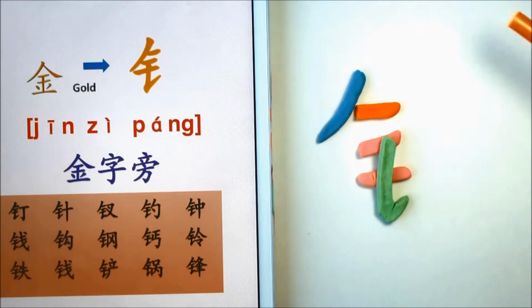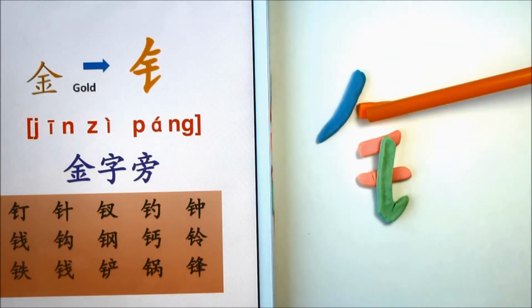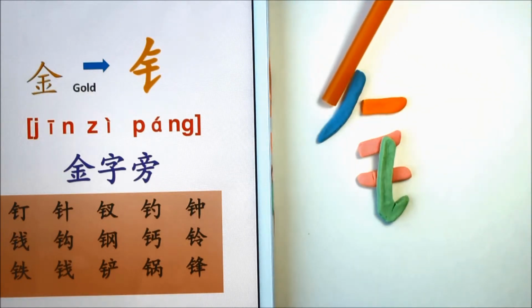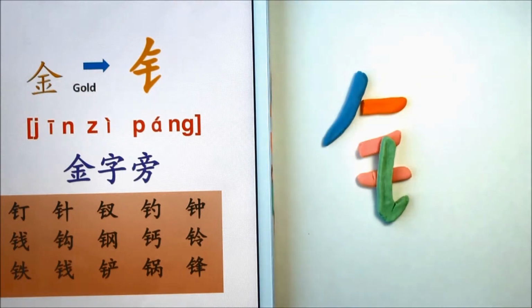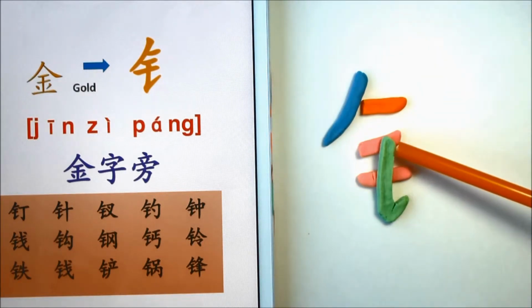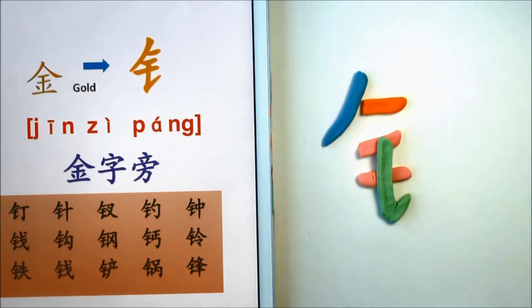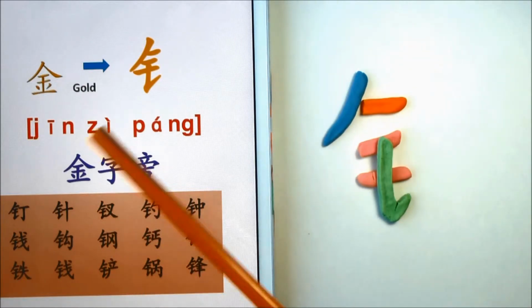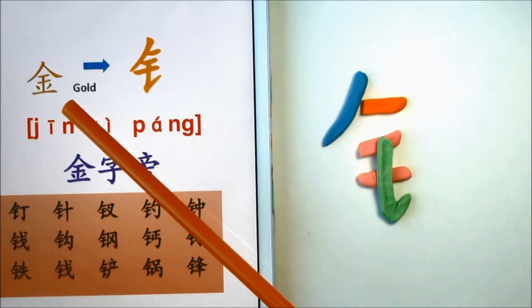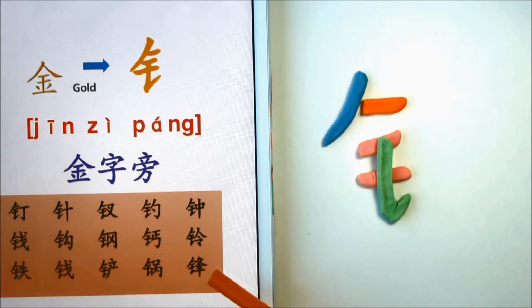This radical is called 金字旁, comes from the character 金, which means gold. This radical is often at the left of a character, and most of the characters that 金字旁 can make are related with metal. Here are some examples.